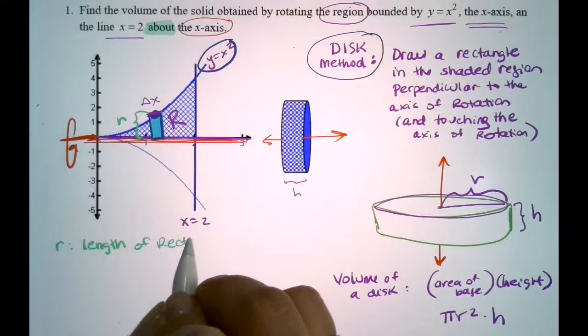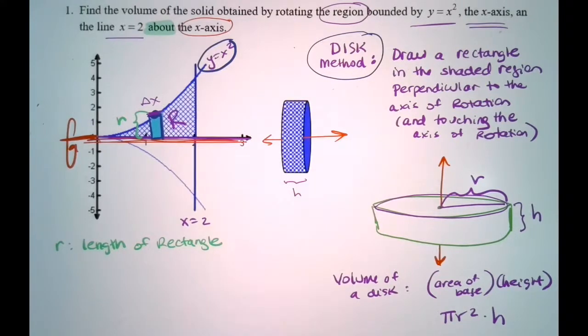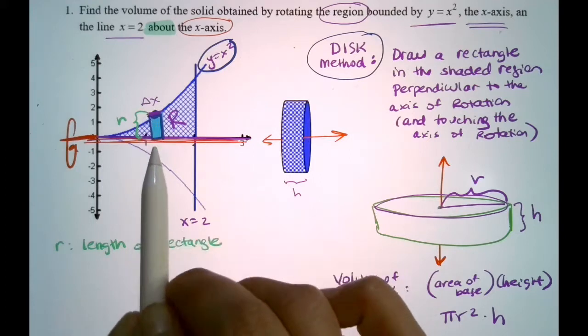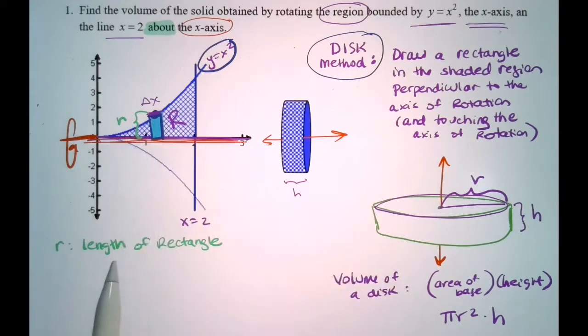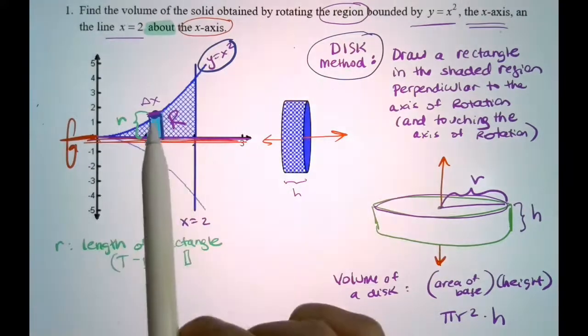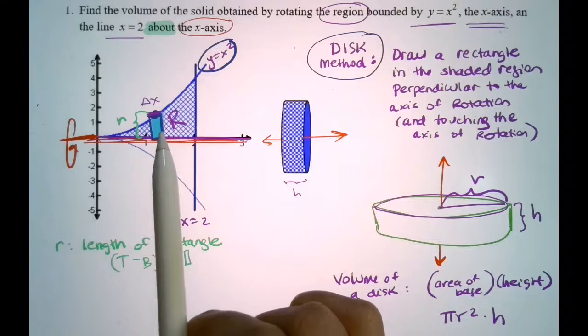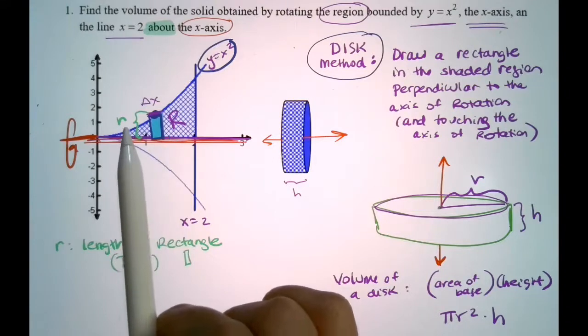What that means here, think about it, it's top minus bottom. That's how long that rectangle would be. And the reason it's top minus bottom is because I drew this in a vertical presentation. Think about the length of that rectangle: it's variable. It's changing no matter where you put it. Here, that height, that R value would be really small, and over here it's really big.